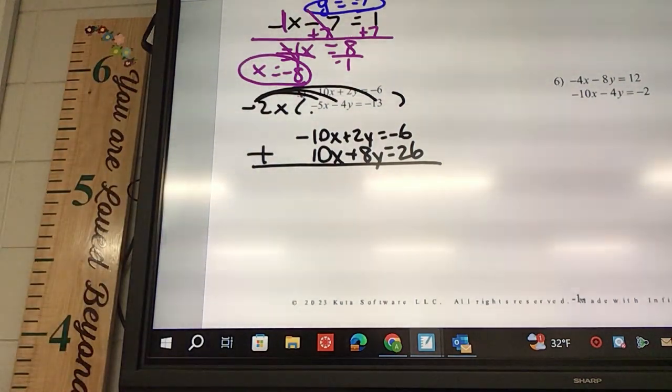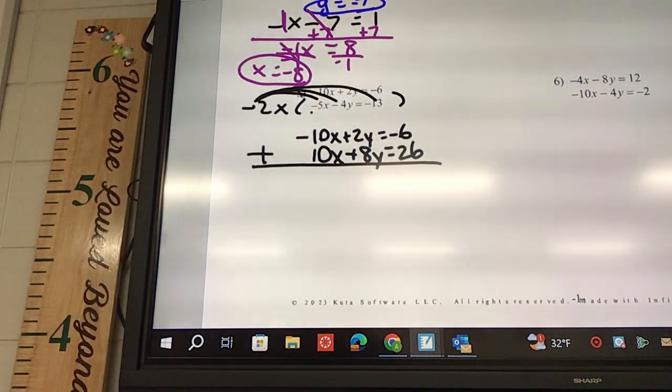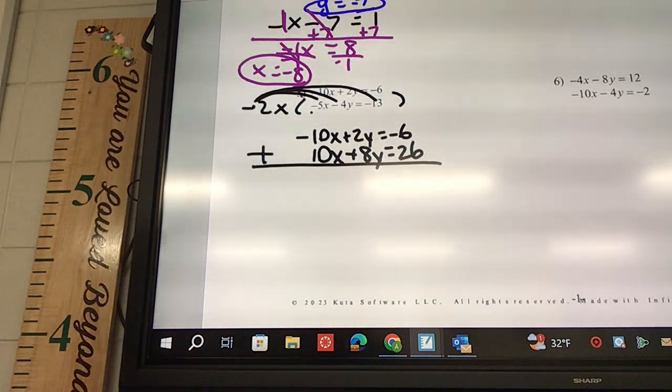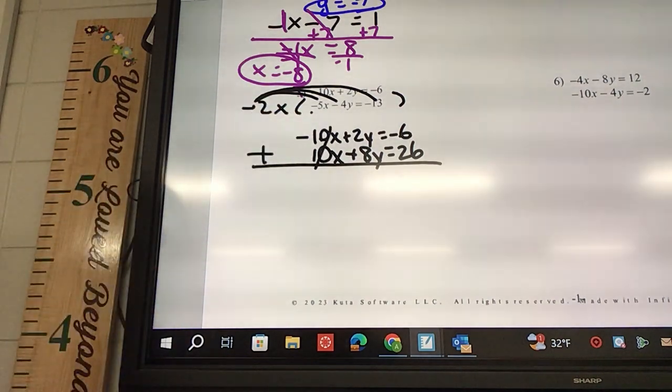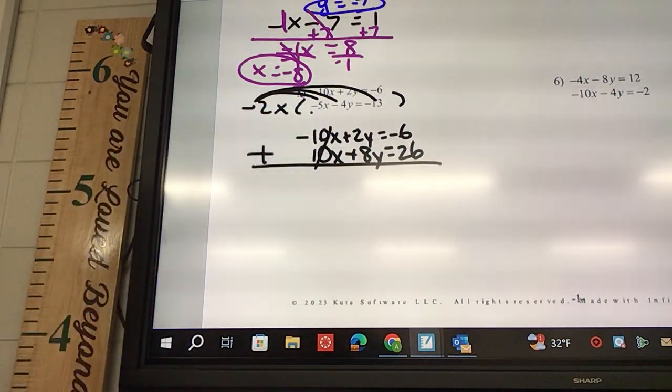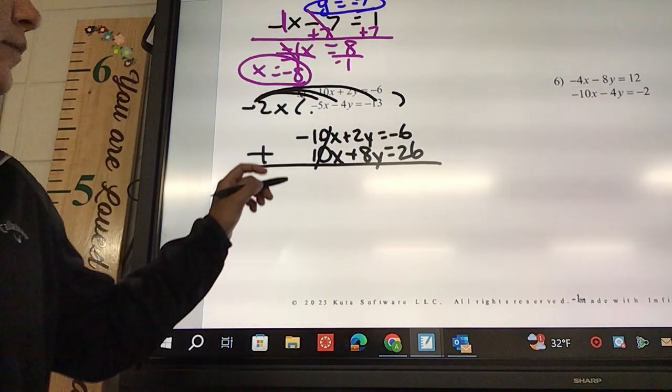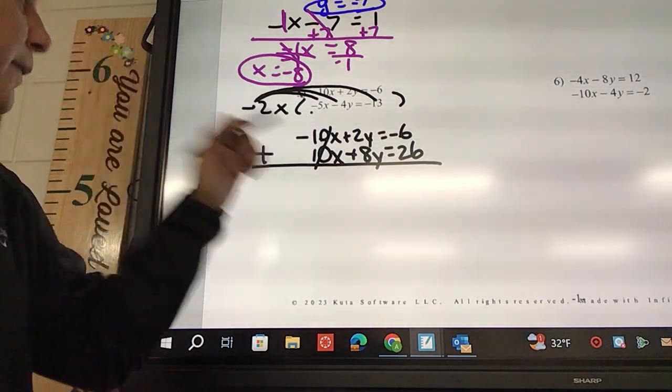Okay, and so now we can take those two equations and add them together. Negative 10 plus 10 is going to be 0. 2 plus 8. What's 2 plus 8? 10y.